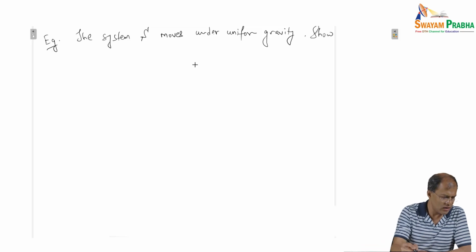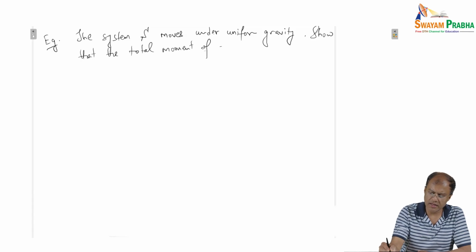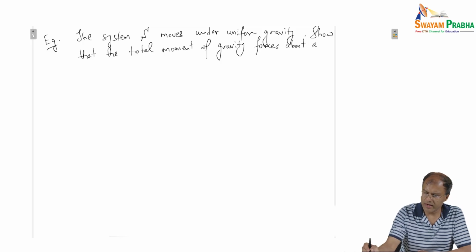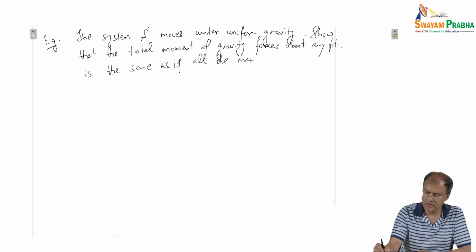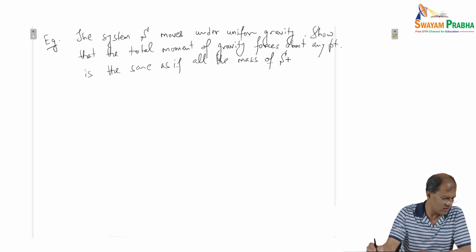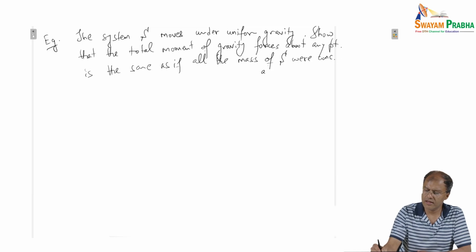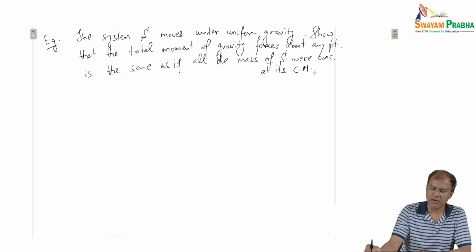Show that the total moment of gravity forces about any point is the same as if all the mass of S were concentrated at its center of mass, center of mass. Okay.